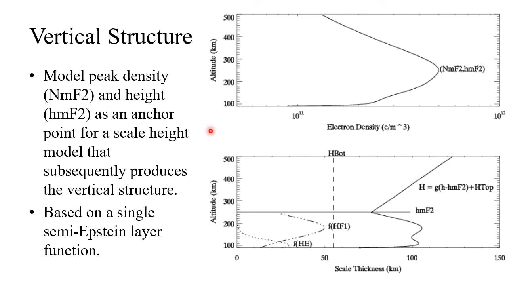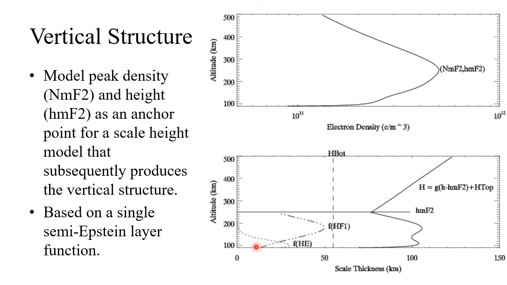The vertical structure in ASHAME is a peak fixed model, so we model NmF2 and hmF2, and we anchor a semi-Epstein layer model to that hmF2 and NmF2, and then simply model the vertical structure of the ionosphere by virtue of a model of scale height rather than electron density itself, where a representation of the scale height space of the model is given on the bottom here for this electron density profile up here.